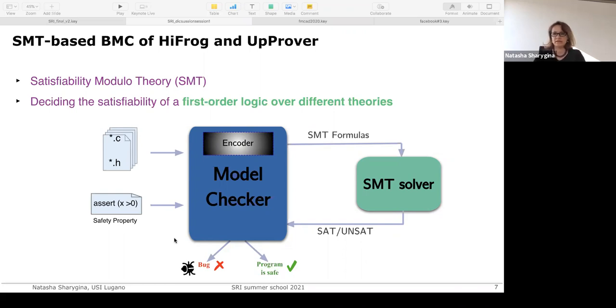Usually in C code, for example, these are assert statements, and we are checking reachability. We're doing reachability tests, trying to see if the assertions are satisfied or not. So these are safety properties. It's a classical encoding. The model checker does a lot of intermediate internal steps by creating a symbolic encoding of the program together with the property.